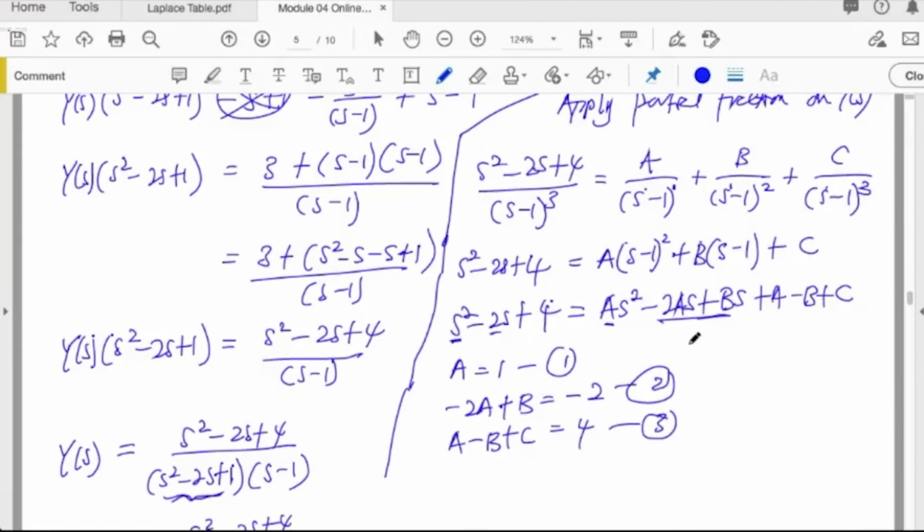Okay, so if you solve these three equations, you will get a equal to 1, b equal to 0, and c equal to 3.